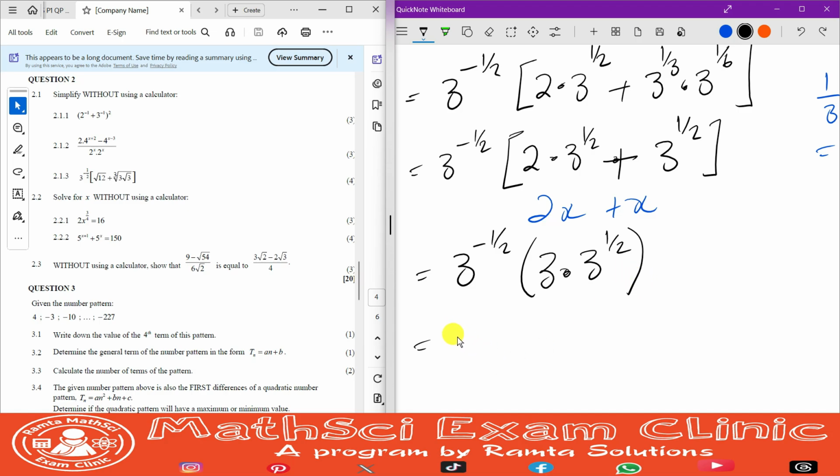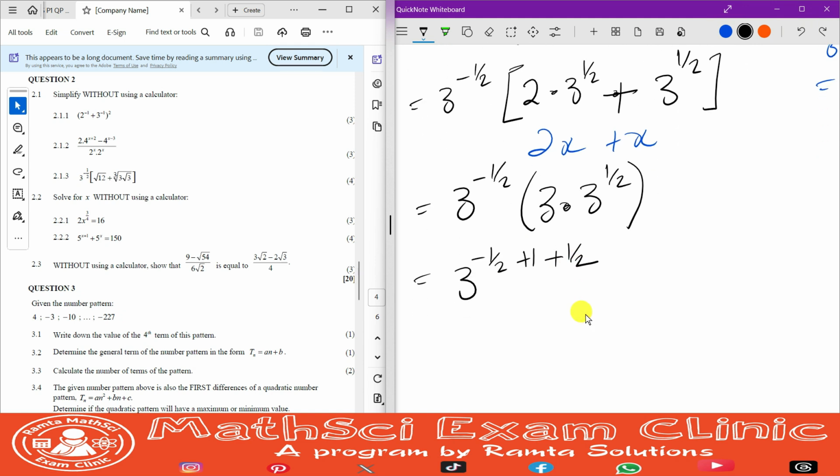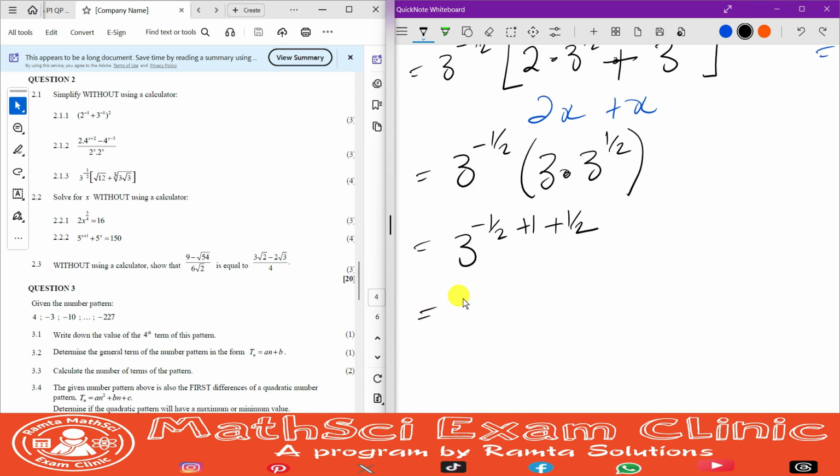When bases are the same, you add exponents. We have 3 to the power negative half. What is the power here? It's 1. Right? So it'll be negative half plus 1 plus half. And this gives you 3 to the power 1. Our answer is simply 3. Happy?